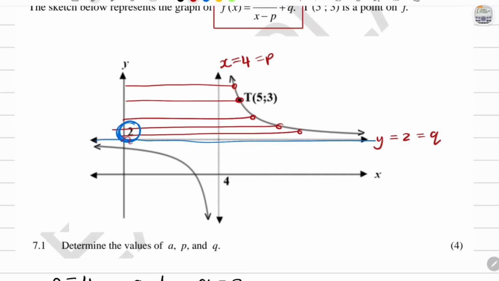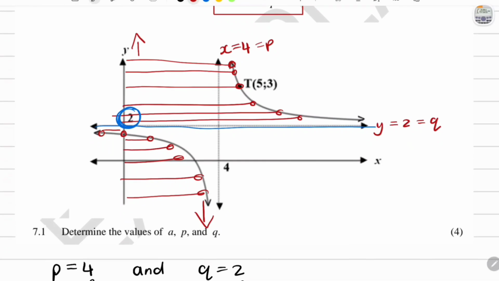If you keep going, the graph continues. You have a y value here below 2, and here, and then another y value below that, and you keep having y values till negative infinity. Even if you go up to positive infinity, you keep having y values.